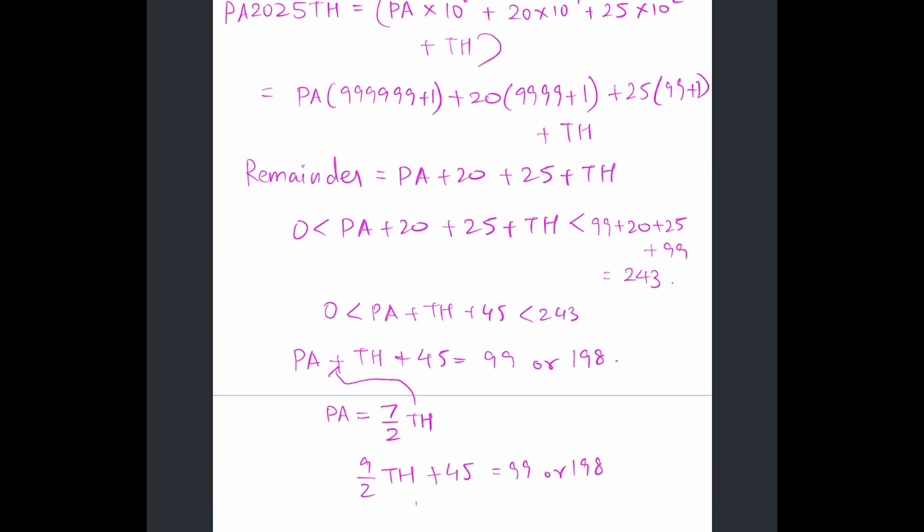So from this we get 9 by 2 TH equals 54 or 153, right?